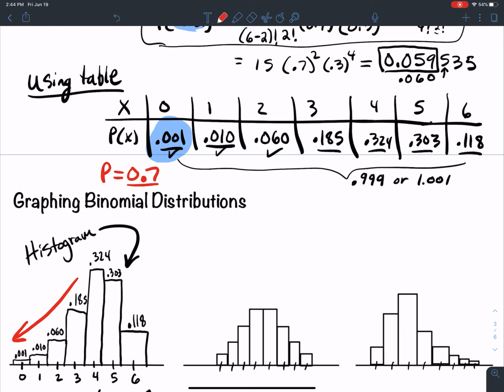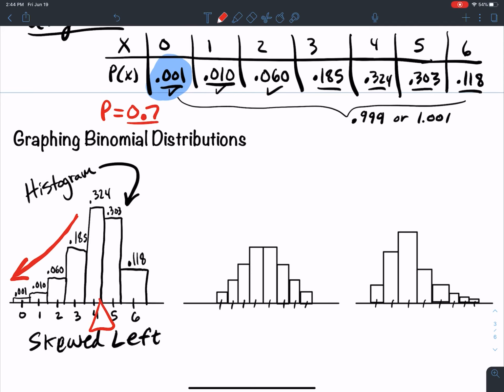Well, by golly, guys, when you have a 70% chance of it being good, then when you get 6 trials, you're probably going to do better than average. So your average is going to be somewhere around in here. You do have the possibility of getting no successes, but it kind of skews off.